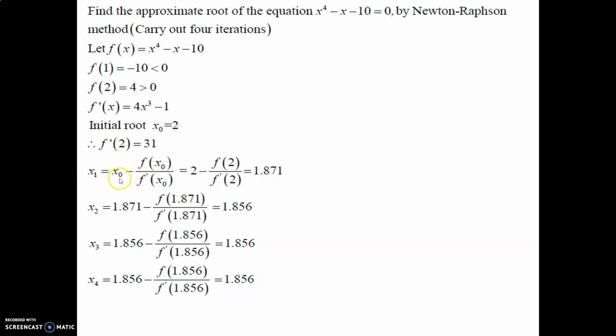x1 = x0 - f(x0)/f'(x0), where x0 = 2 is the initial root. So x1 = 2 - f(2)/f'(2) = 1.871. x2 = 1.871 - f(1.871)/f'(1.871).